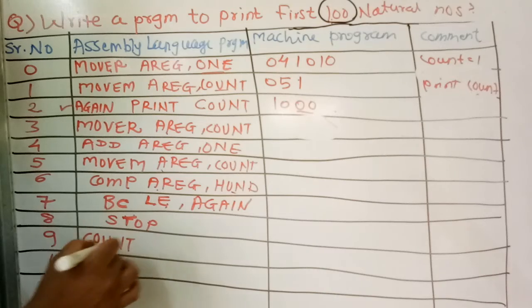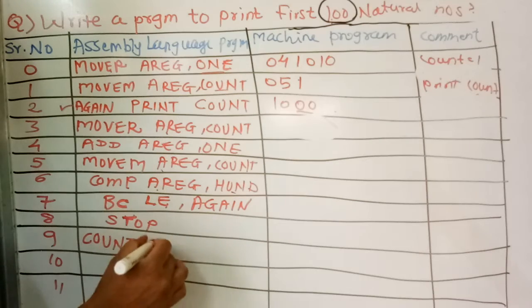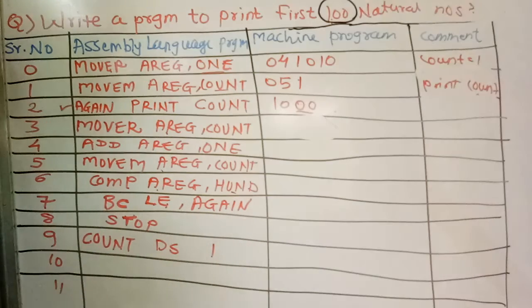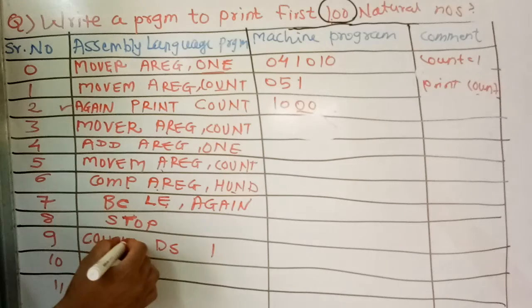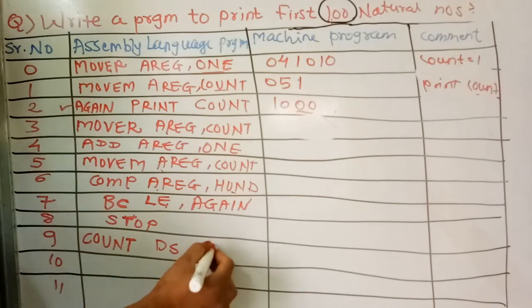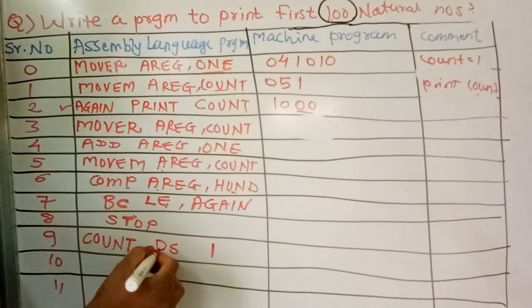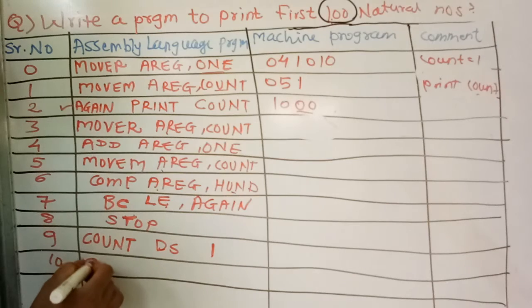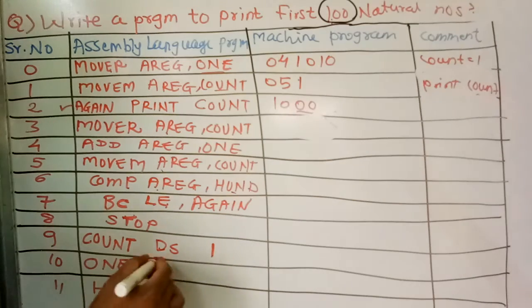Count is a DS statement and we specify it as 1. 1 and 100 are constants, so they are declaration constants having the specific values 1 and 100, and at the last we will stop the procedure.